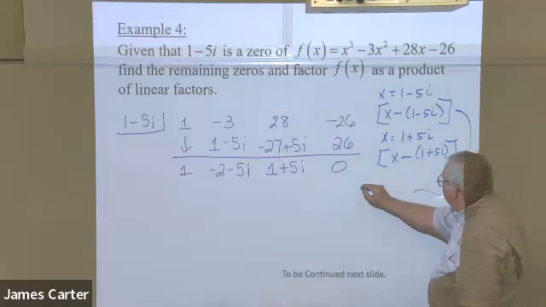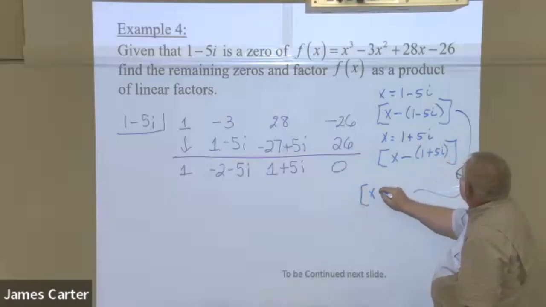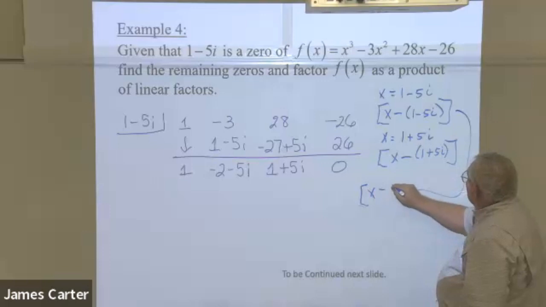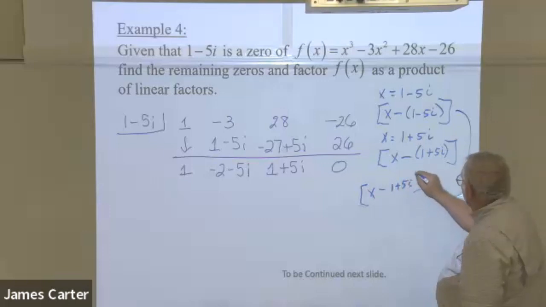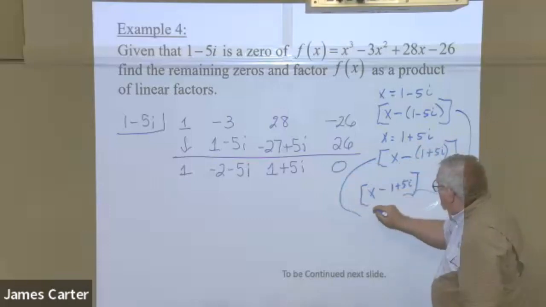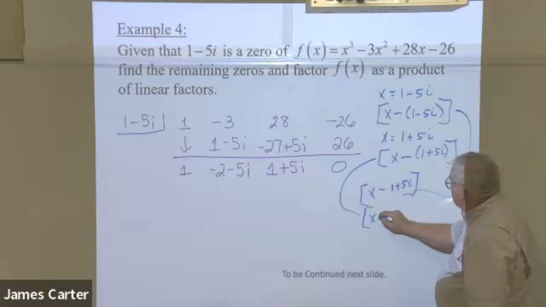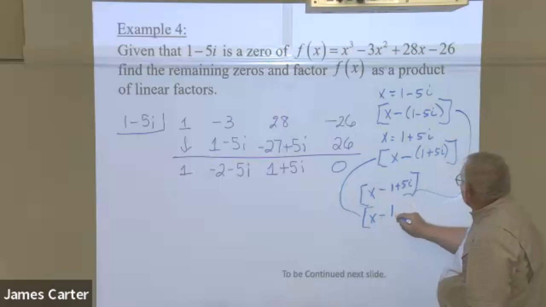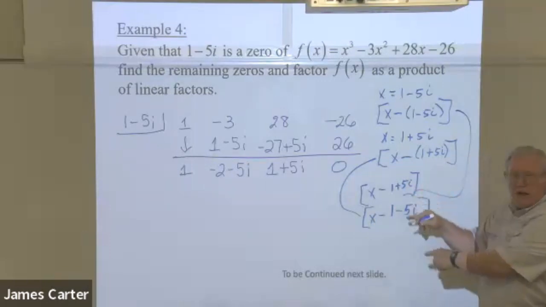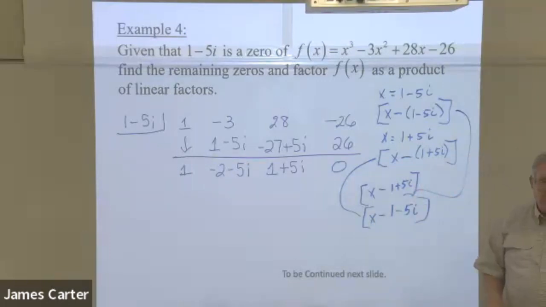This one will simplify to x minus 1 plus 5i. And this one will simplify to x minus 1 minus 5i. And these are what you would actually multiply together.